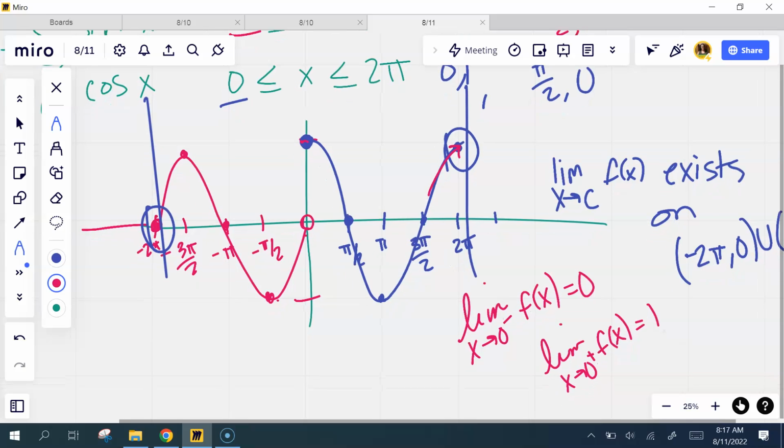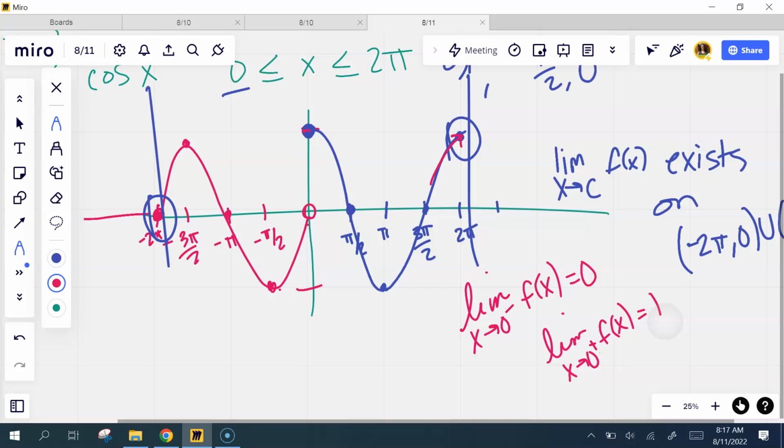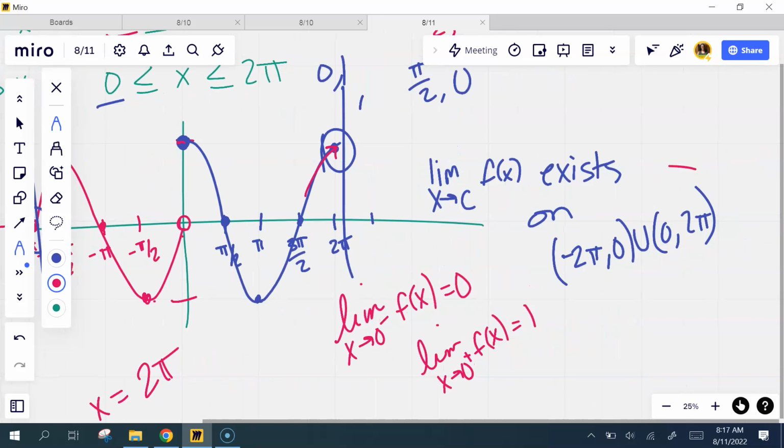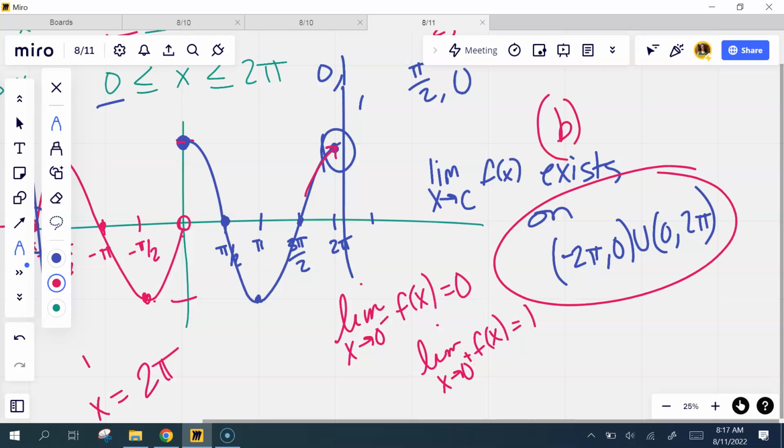So part C, at what point does only the left-hand limit exist? 2 pi. Part B, at what point in the domain does it exist? Here. Sorry, this is B. This is C. I'm all over the place.